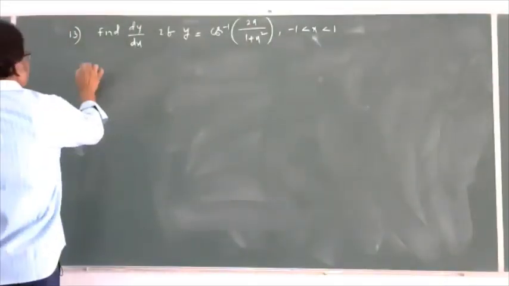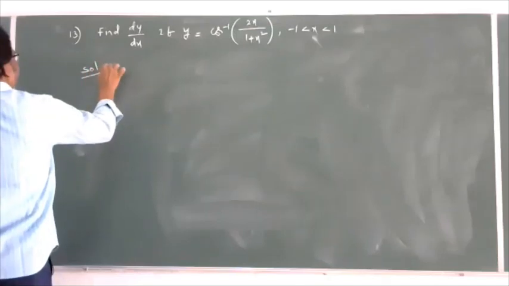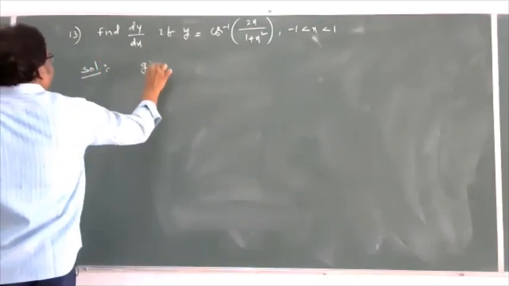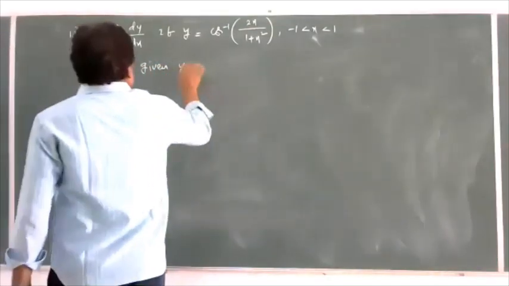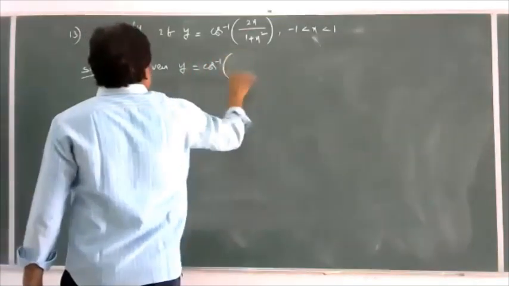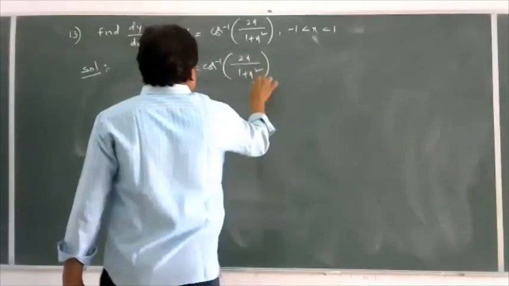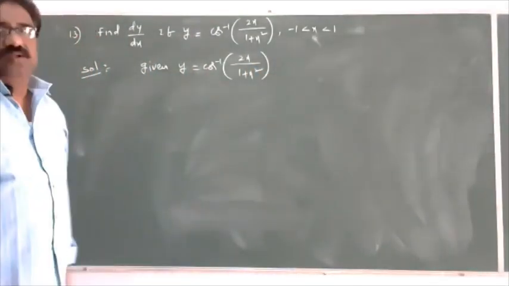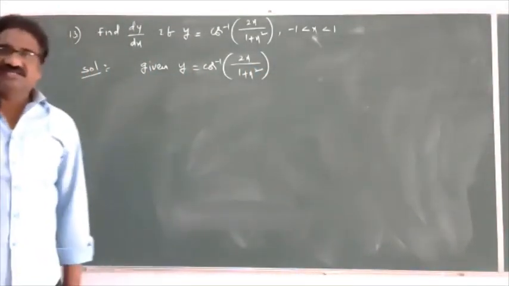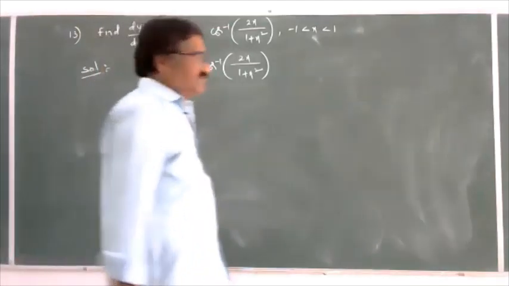Solution. Given y is equal to cos inverse of 2x by 1 plus x square.